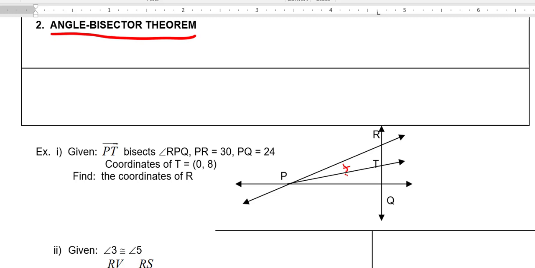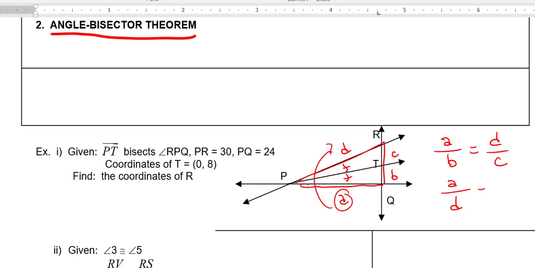So basically, if you have an angle bisector here for this triangle, it'll split it so that, let's call these sides A, B, C, D, it'll be A is to B as D is to C. Or I can do A is to D, so this is to this, as B is to C. And hopefully you can see that these are the same.